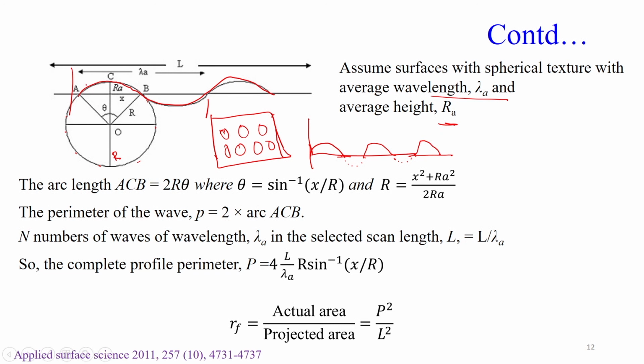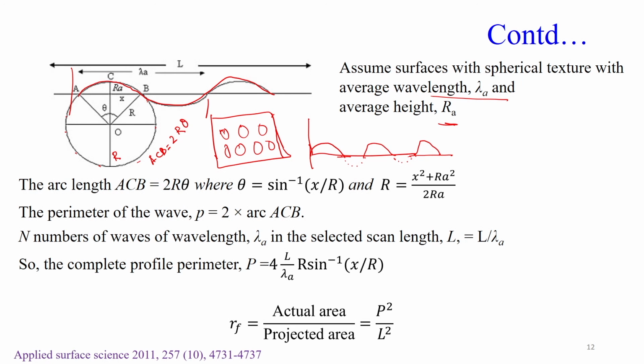Now, once we have formed the sphere and this angle is theta, theta is simply the length of arc upon the radius. So, length of arc will be here AC, here will be BC. So, length of arc will be r times theta, and if you consider ACB, it will be simply twice, so ACB will be the arc length from here to here, twice r, the radius, into theta.